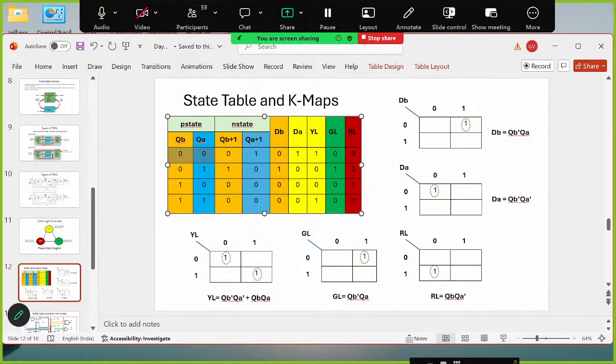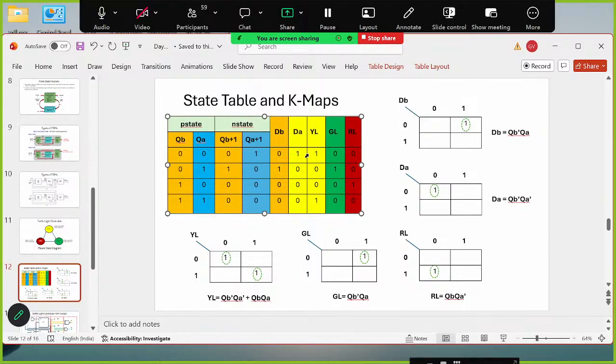So you can see for 0 0, 0 1, 1 0, and 1 1, the output is 1 only at the 0 1 position. Accordingly, I have created this logic. Similarly, for DA also, the output is 1 at 0 0. I have created this over here, this also. Similarly, if I see yellow light, for QB, QA, the output is 1 for 0 0.